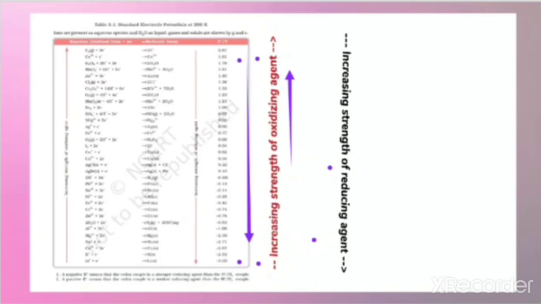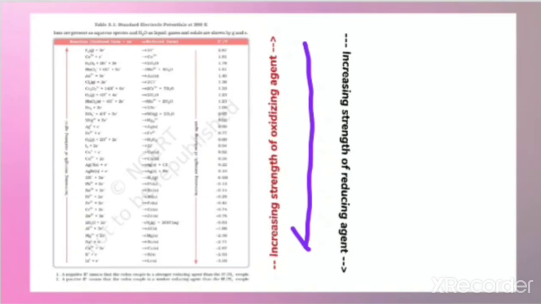So we remember this concept: from top to bottom the E naught value is decreasing, which means the strength of the reducing agent is increasing, and from bottom to top the strength of the oxidizing agent is increasing. By using this we can answer different questions. So this is all about this video.